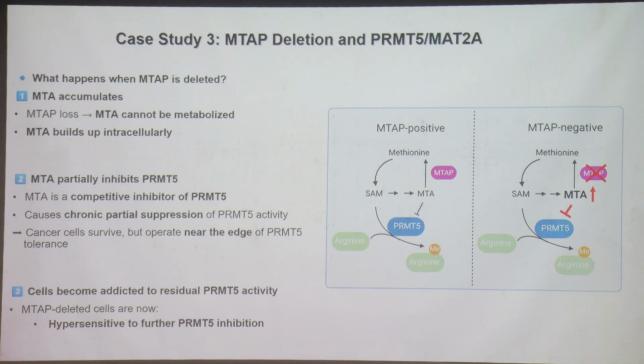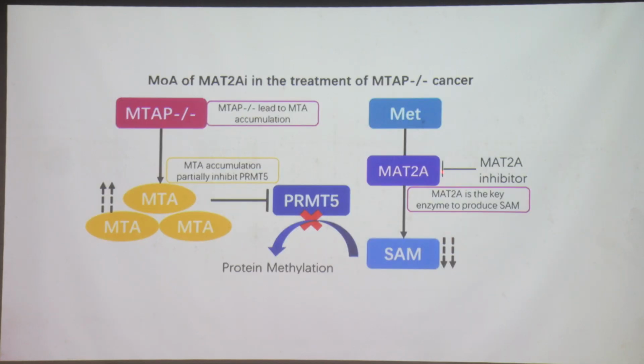Okay. And the other option is that you inhibit MAT2A. So MAT2A is responsible for the synthesis of SAM. If there is no SAM, PRMT5 cannot use it. Basically, it has the same impact. Are you guys following me? So in MTAP deleted cells, MTA levels increase.